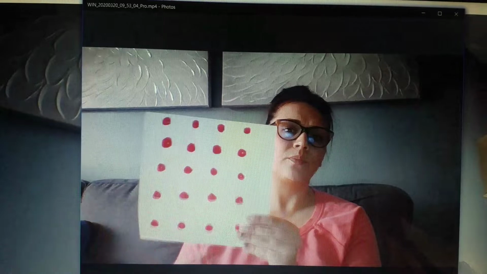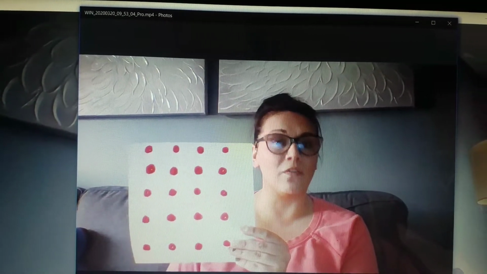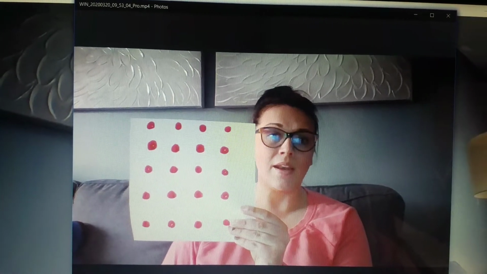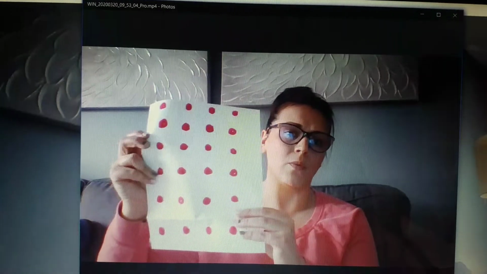So I have here an array, and as you can see, I have 5 going down and 4 across. So 5 times 4 equals 20. Now I'm going to go ahead and create one more row.